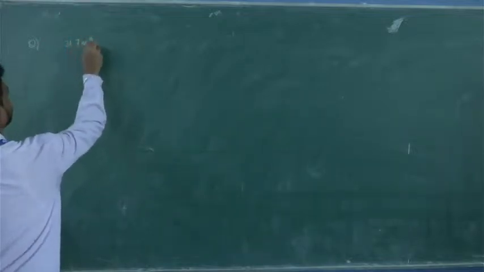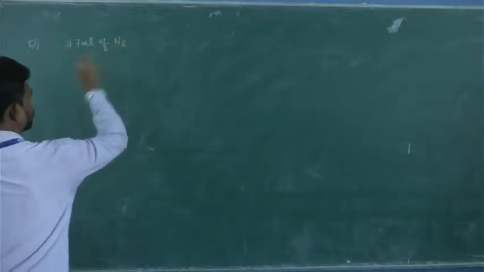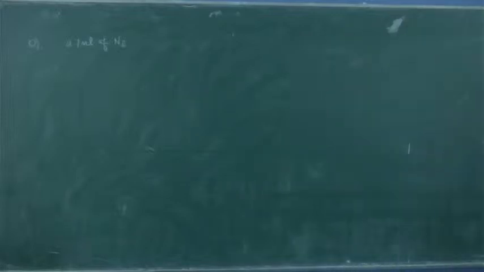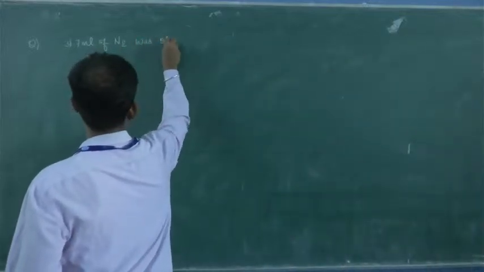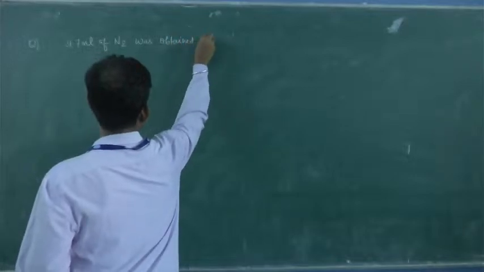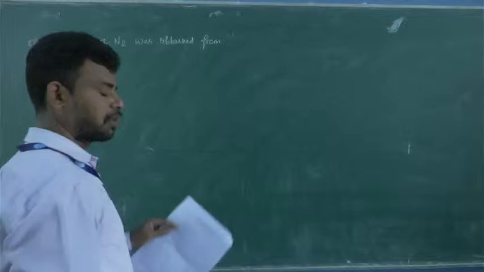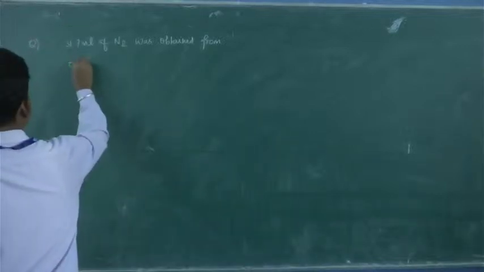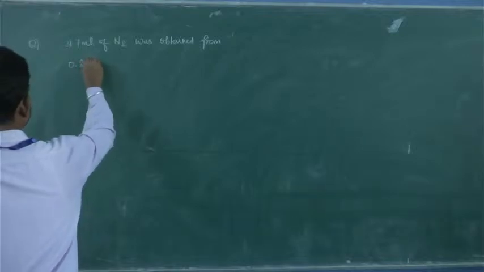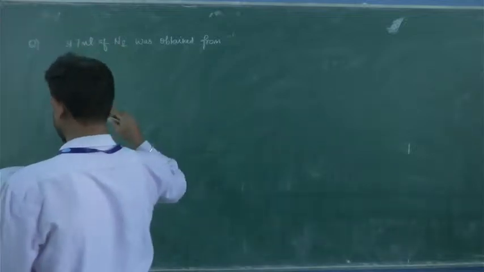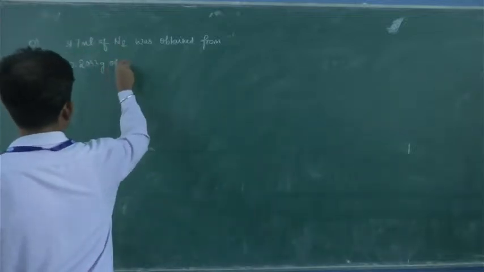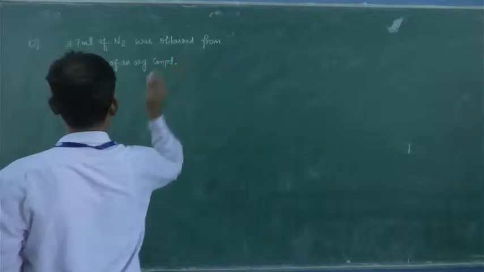31.7 ml of nitrogen was obtained from 0.203 gram of an organic compound.